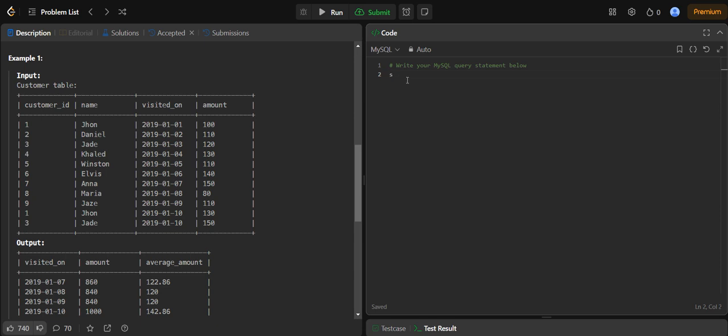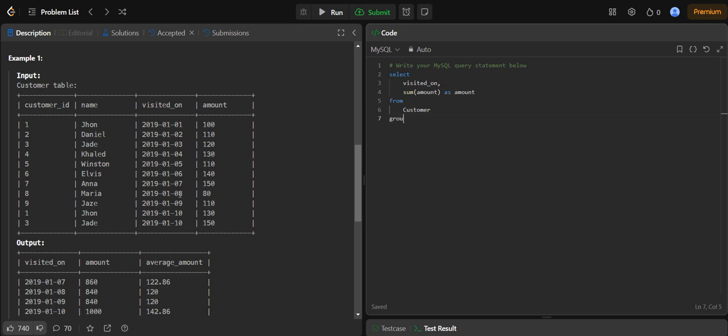So I am going to select visited_on and the sum of amount from our table, which is Customer.